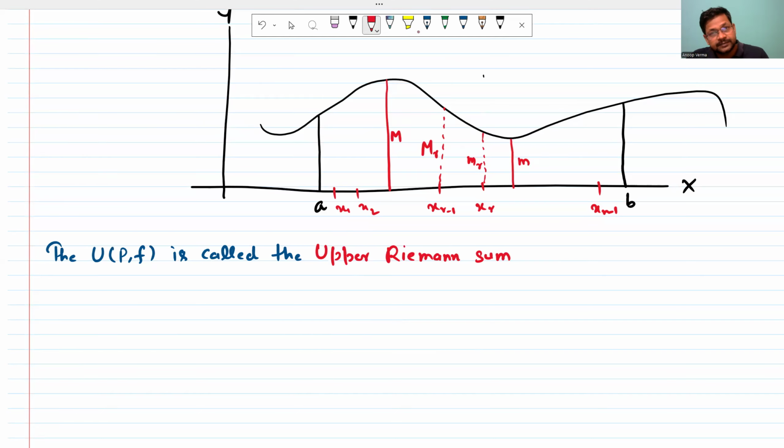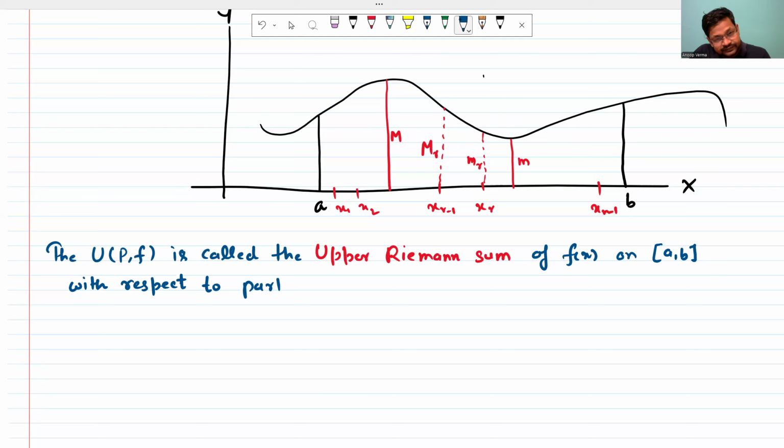Sum of f on this closed interval [a, b] with respect to the partition P. Okay, so it means if we are changing the partition, the upper Riemann sum will be changed.